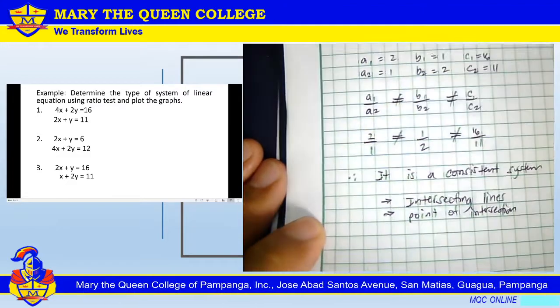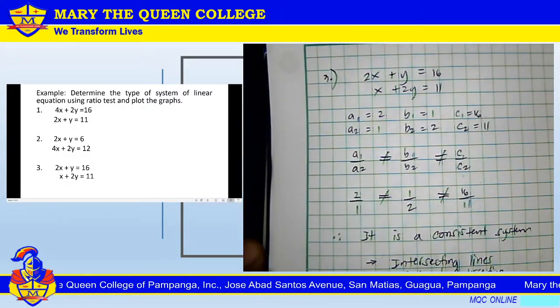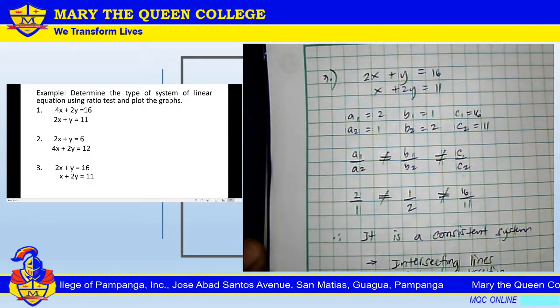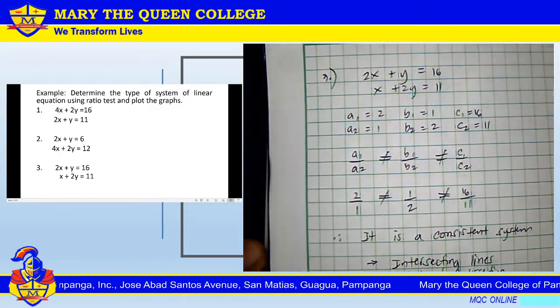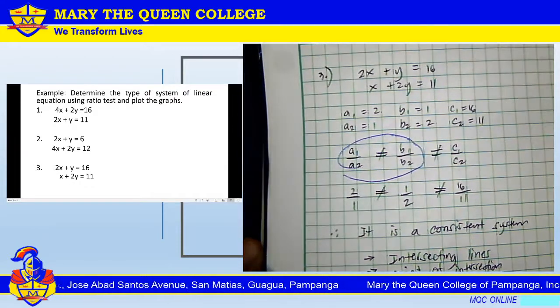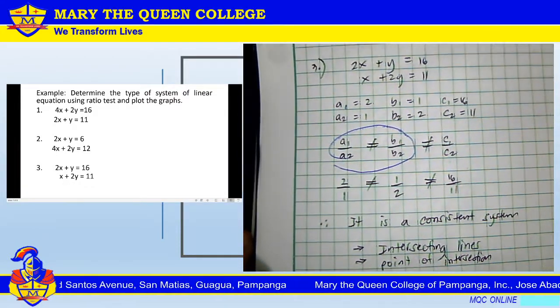So by definition, again, how can we determine if a given system of linear equations in two variables is a consistent system? Just look at the ratio. If the first two ratios A and B are not equal, then automatically it is a consistent system.